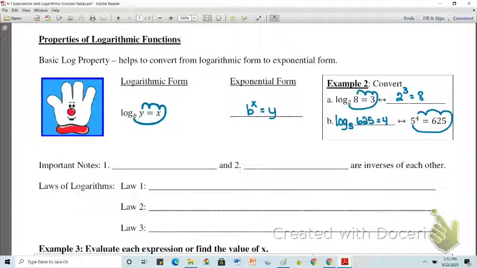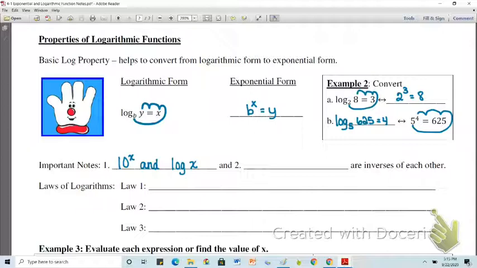We have two important notes that we need to talk about. 10 raised to the x and log x, so log with no base, are inverses of each other. If you do not have a base there, it is understood to be 10. And that is because we are in a base 10 number system.